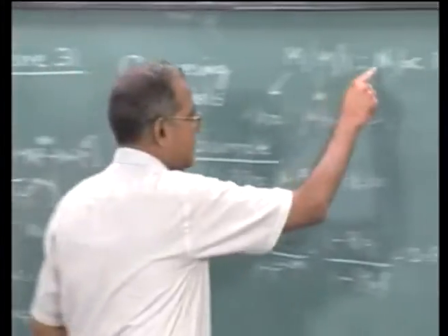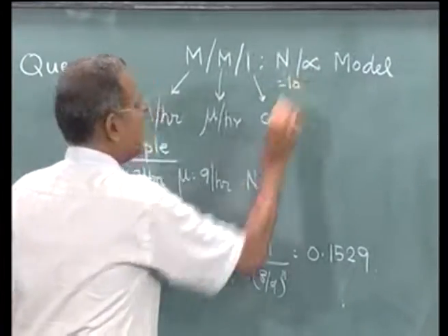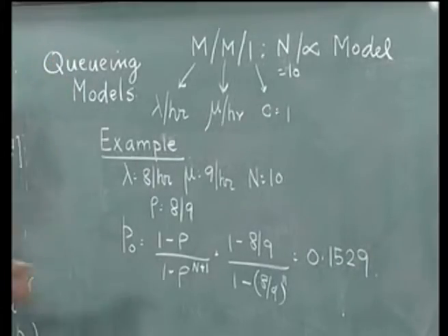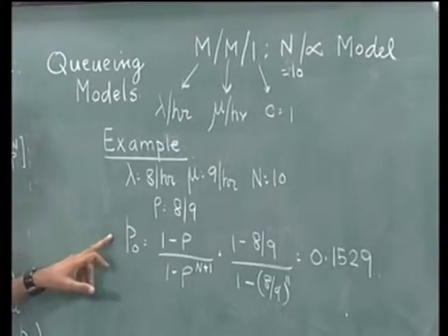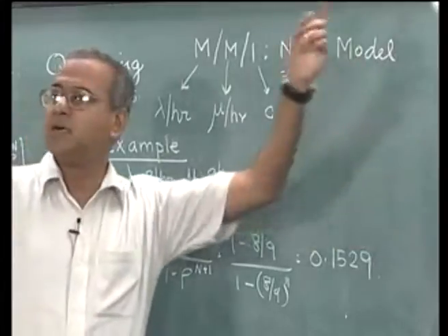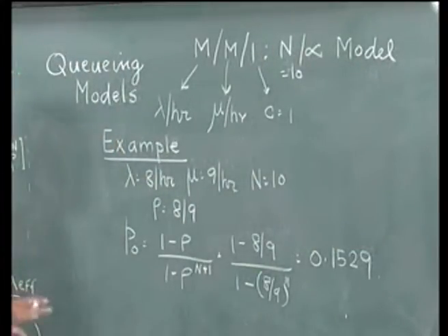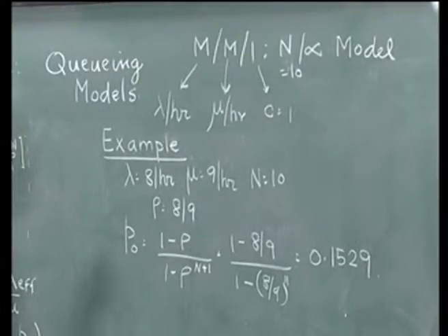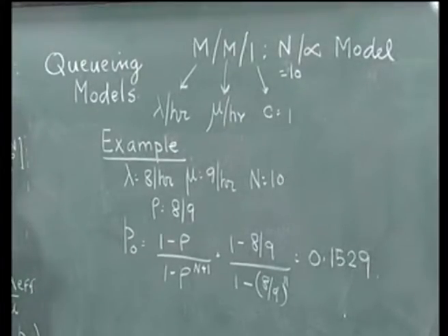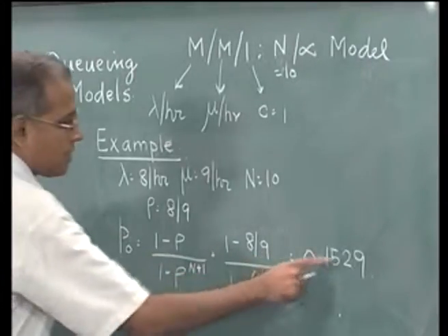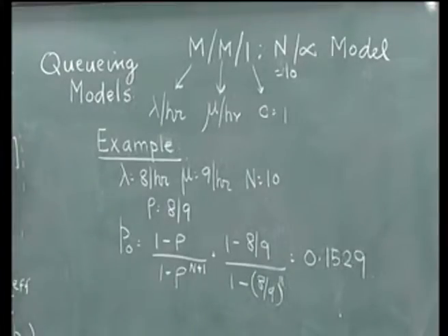When we restricted N equal to 10 from N equal to infinity, it is not very good from the system point of view, in the sense that the server is idle for more times in this model than in the earlier model. Later we will see that this is beneficial from a customer point of view, because the corresponding Ls and Ws will come down.